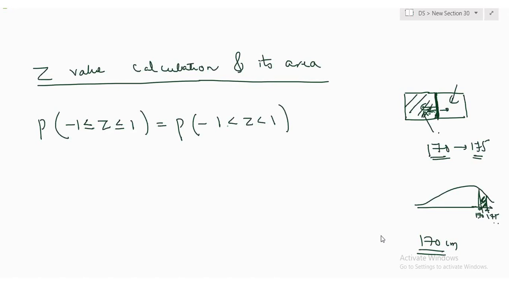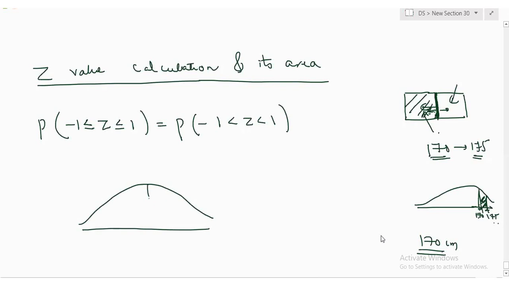Okay. Now, how to find out this area? Whenever someone asks to find out this area, first draw the picture like this. So I draw. So this is 0, because it is the mean value for z value. So this is the z axis, right? The values here are the z.